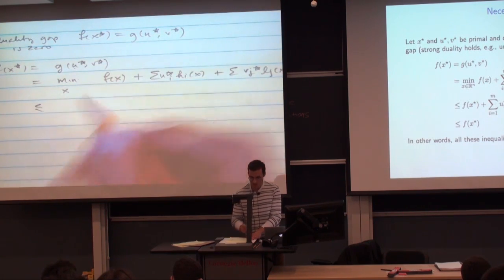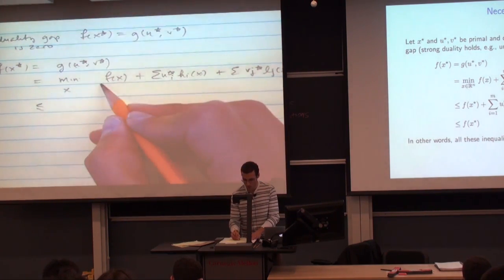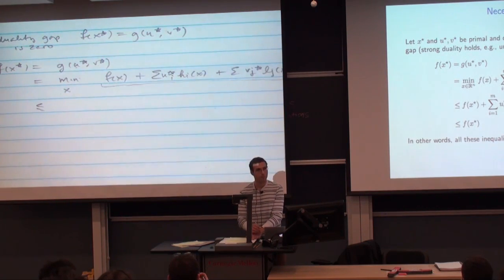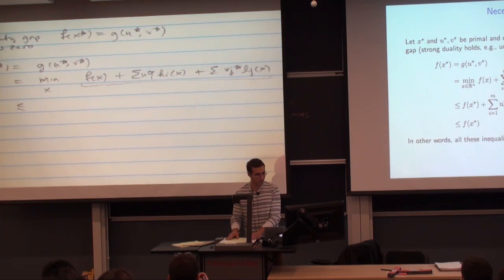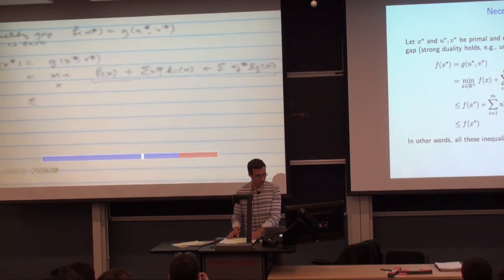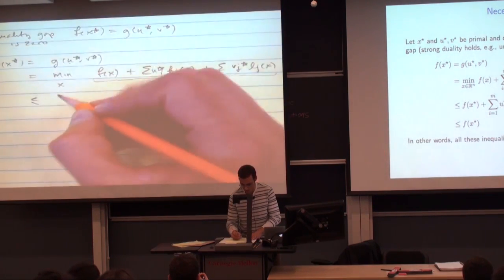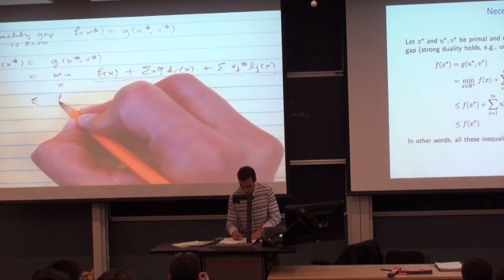Right, so that minimum is, in particular, going to be smaller than or equal to this if I evaluate at x star, because it's the minimum. So if I evaluate at any particular point, this gets bigger, at most less than or equal to.